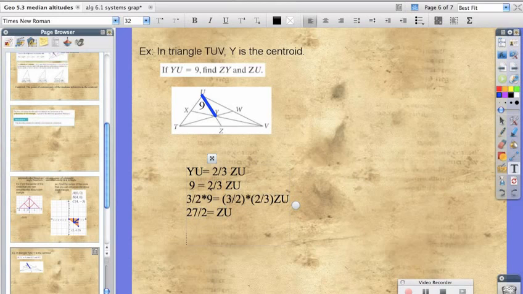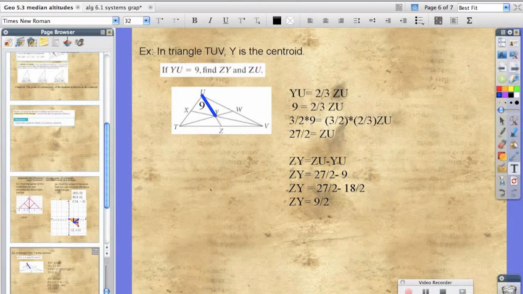Therefore, ZY should be equal to ZU minus YU. The reason why that works is if you look at the picture, ZY is whatever is left over from UZ minus YU. So ZY equals 27 halves minus 9. To make it easier, we're going to convert that 9 to an improper fraction, call it 18 halves. Therefore, ZY is equal to 9 halves.